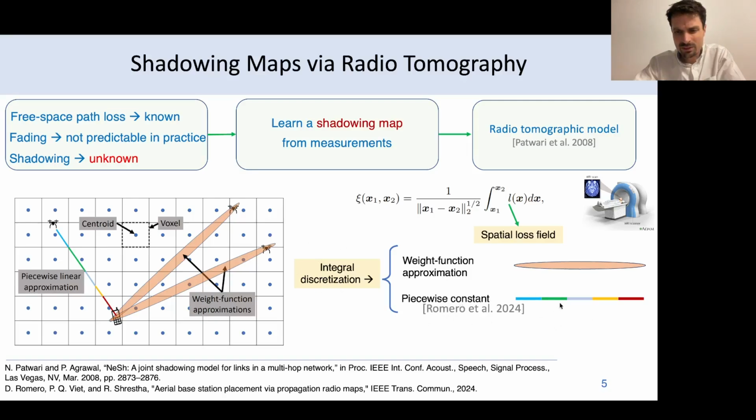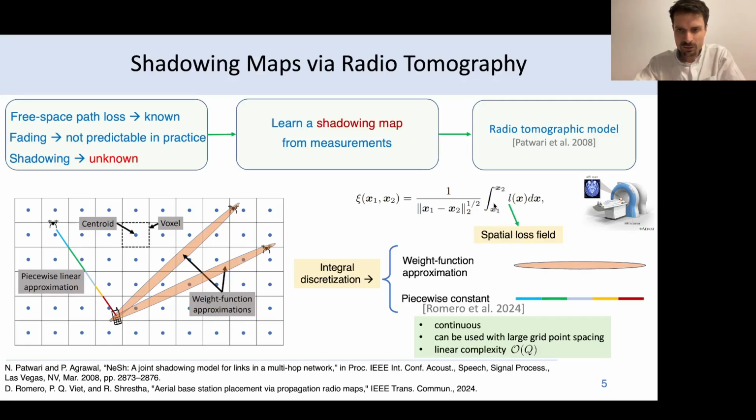So instead, in our research we proposed a different approach, which is to approximate this SLF as a piecewise constant function, so that it takes the same value in all points of each of these voxels. And then we integrate that approximation exactly.